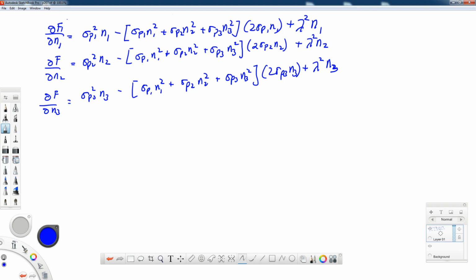One way to visually think of this is if you take your hand and form a triad with your fingers, two fingers and the thumb works pretty well. What we're trying to do is orient that triad with respect to our principal stress directions such that we end up with extreme values of our shearing stress, either maxima or minima.